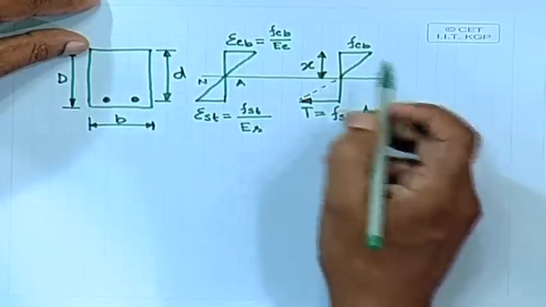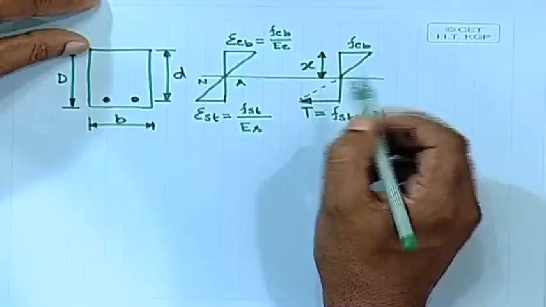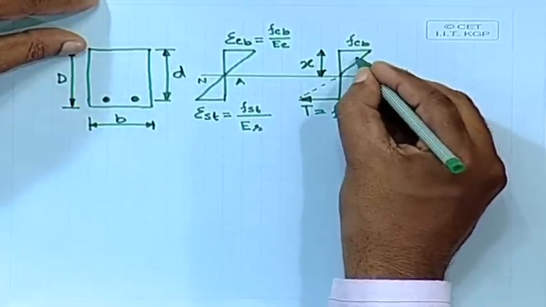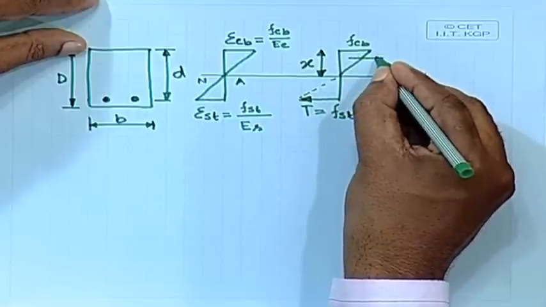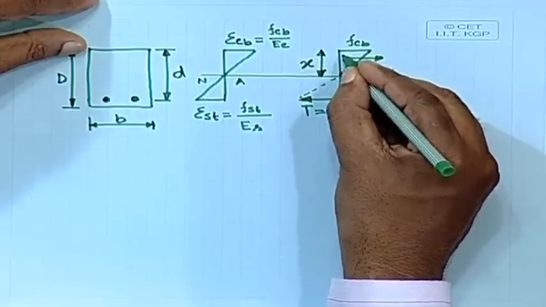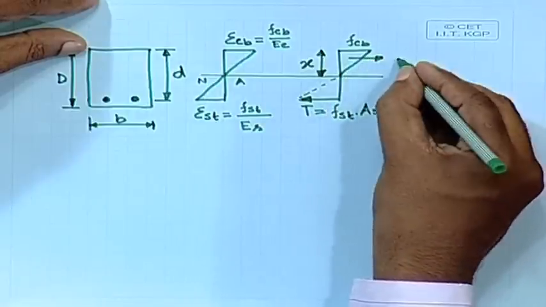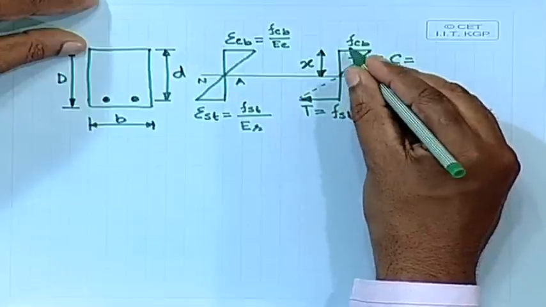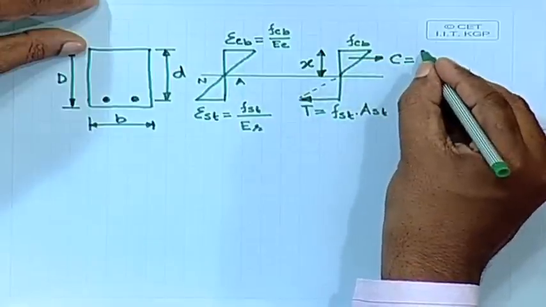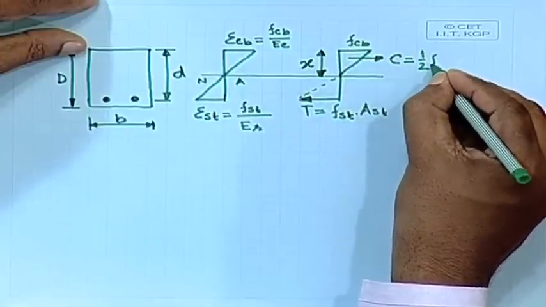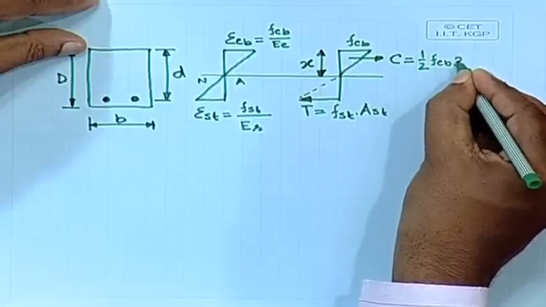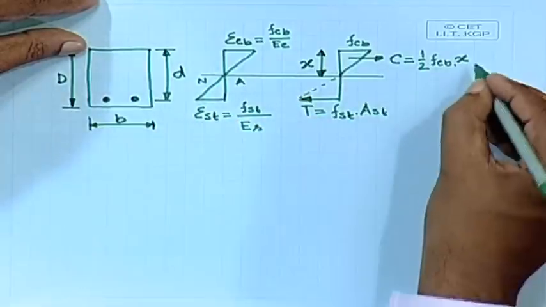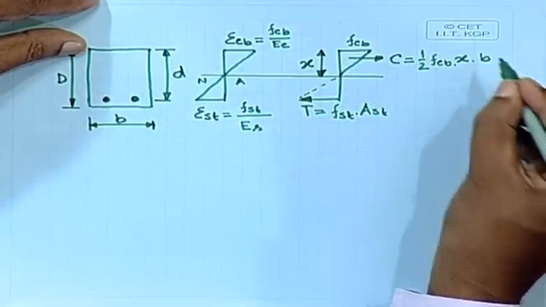X is the neutral axis from the top, and this force will be at the centroid of this section. So, C equal to the area of this triangle, half FCB times x, and we have a definite width also, B. Is it clear to you?